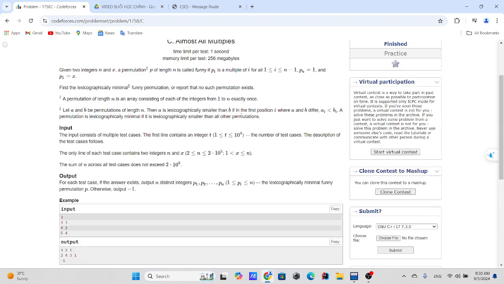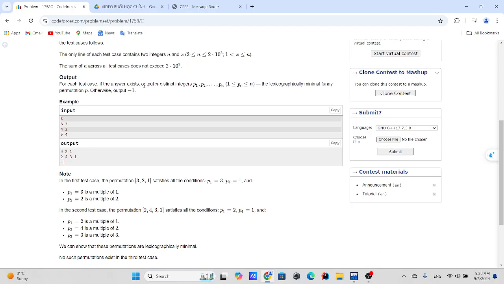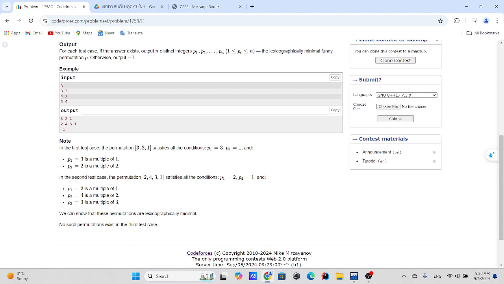Okay, understandable. Find the lexicographically minimal funny permutation or report that no such permutation exists. Alright, let's see. 3 is a multiple of 1 and 2 is a multiple of 1. Yes. In the second test case, the permutation satisfies the condition P1 is 2 and P4 is 1.